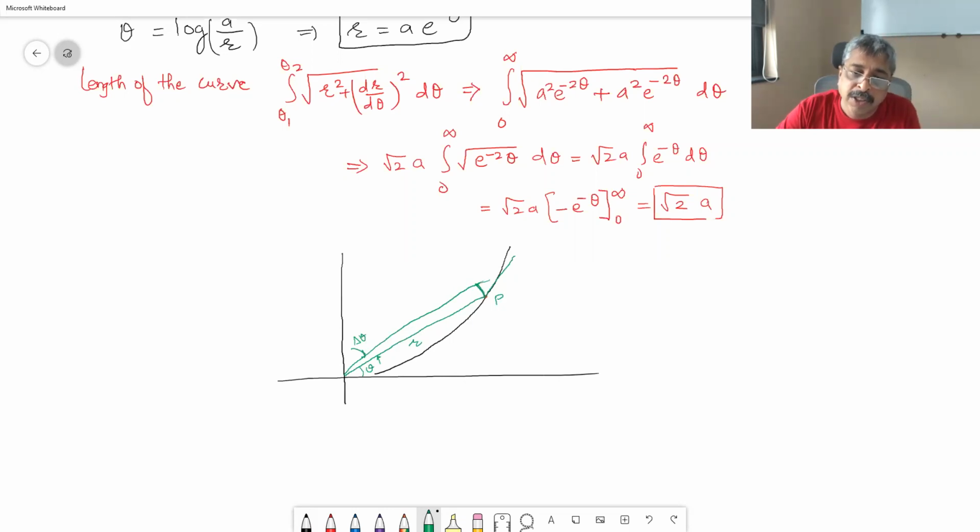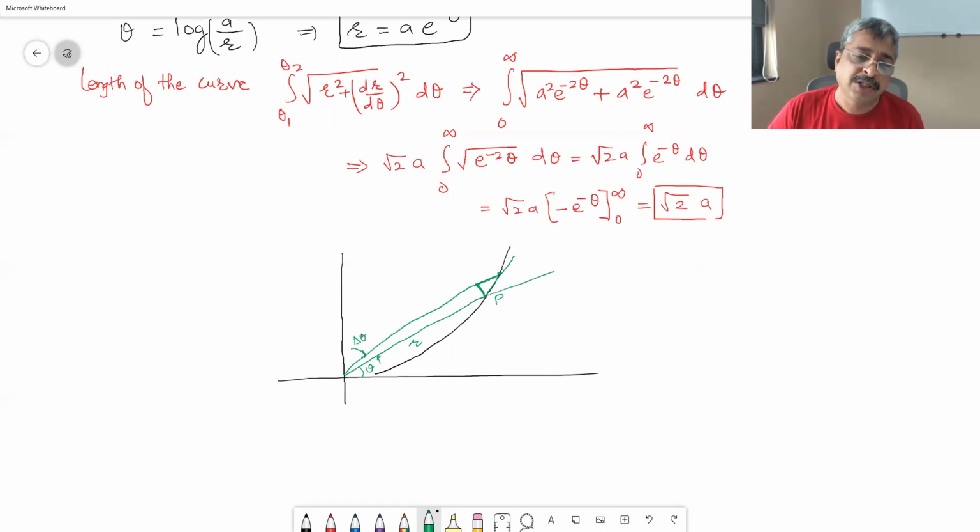Then you consider the next point after delta theta, and that means you are on the curve here. The tangent and the curve have a little gap, but as delta theta tends to 0, the tangent and the curve will be almost the same.